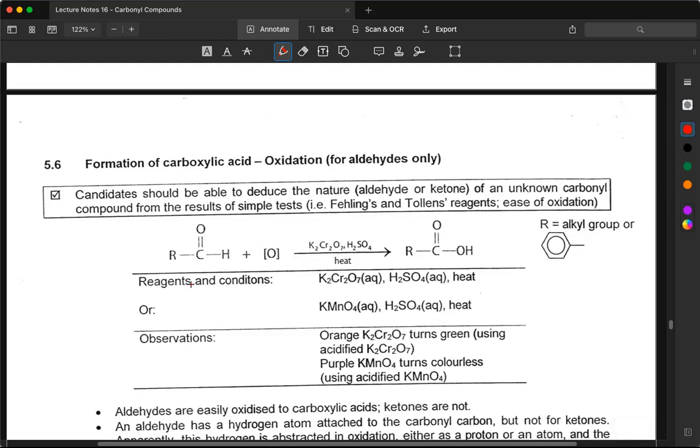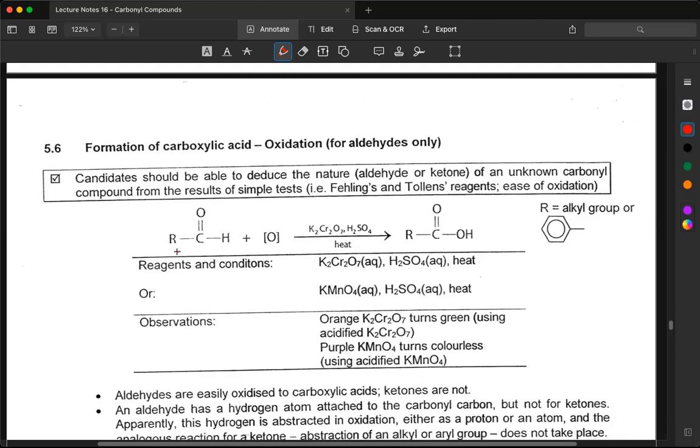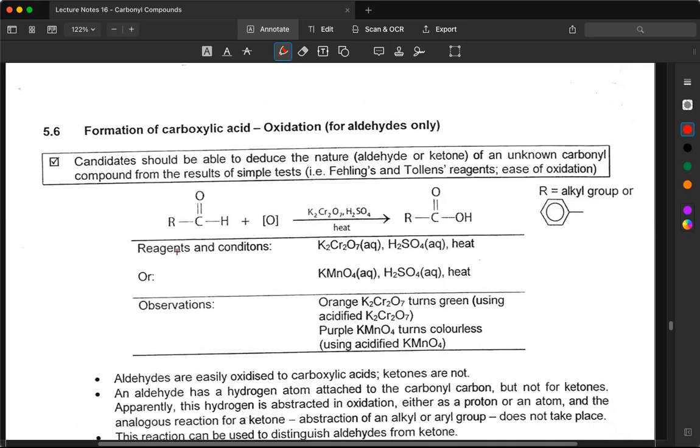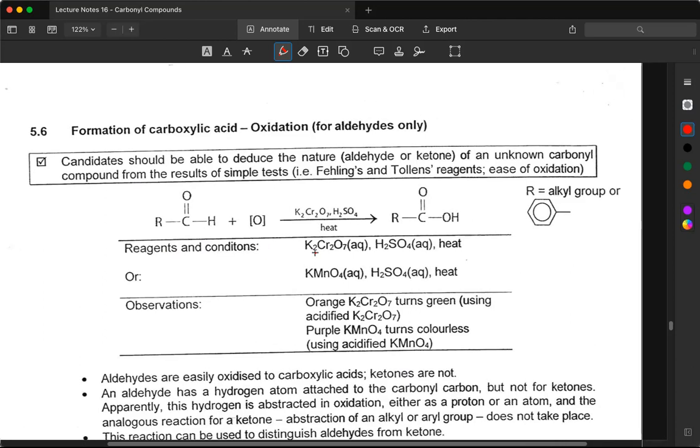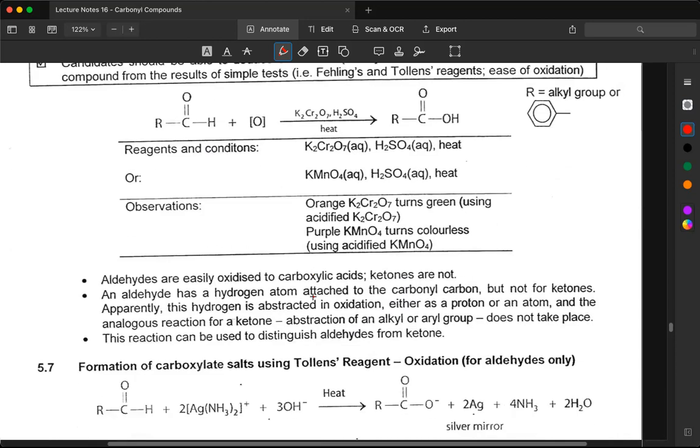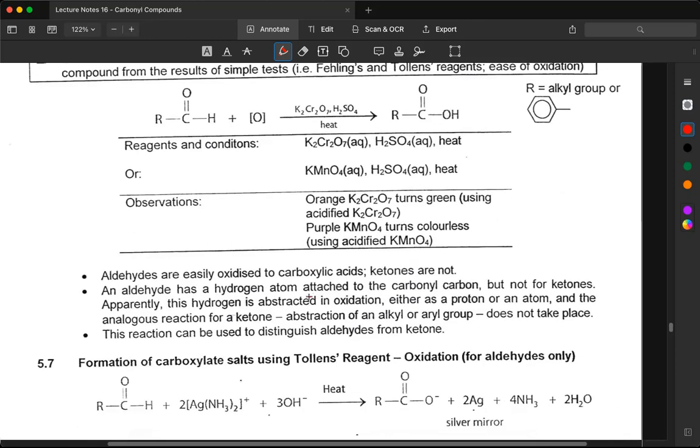Okay. Now, for formation of carboxylic acid, it only involves the aldehyde, not the ketone. And we have certain reagents to test for aldehyde presence. All right. We can use K2Cr2O7 or KMnO4, and we should know the oxidation by now. But, okay, this is what we have gone through, so I will not go through it again.